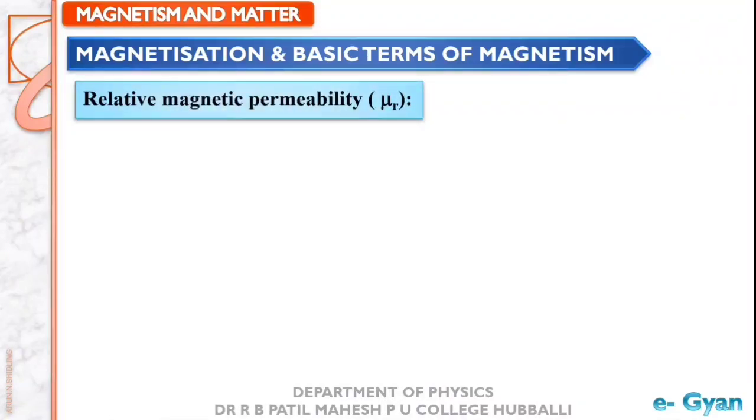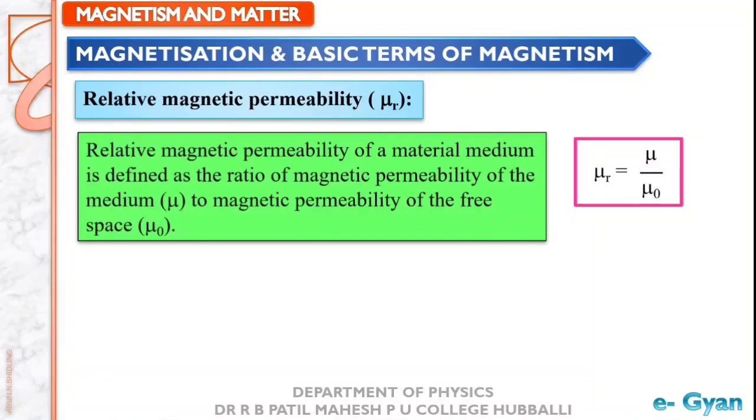Relative magnetic permeability can be written as mu r is equal to mu divided by mu naught. Using this equation, we can define mu r as the ratio of the magnetic permeability of a medium, that is mu, to the magnetic permeability of free space.